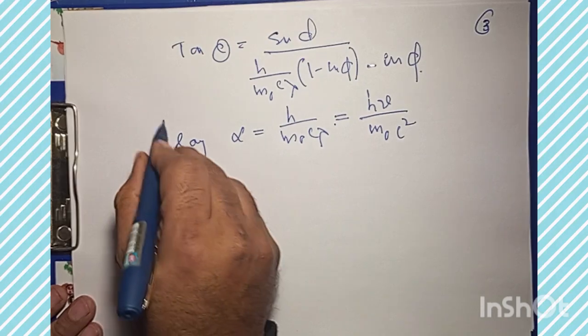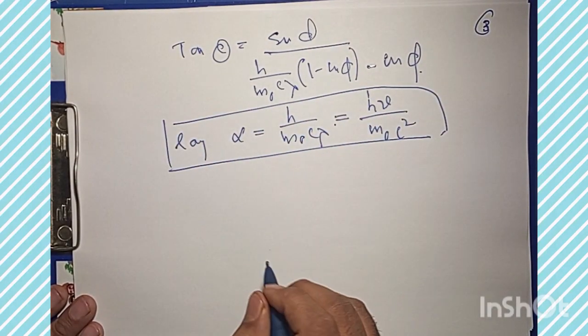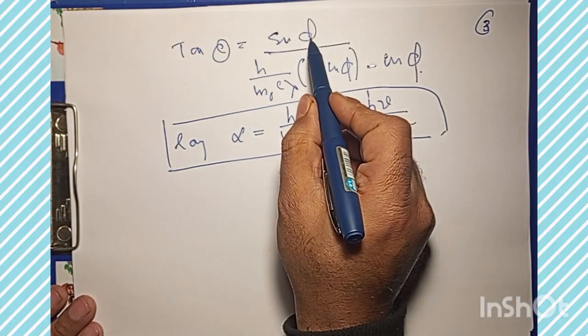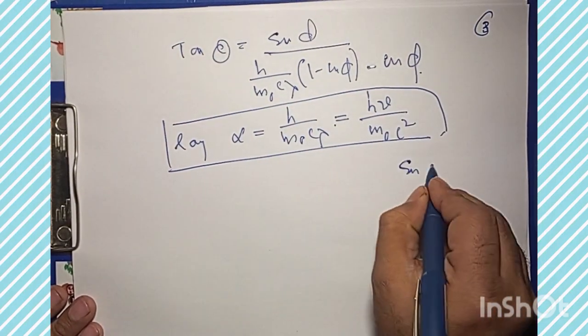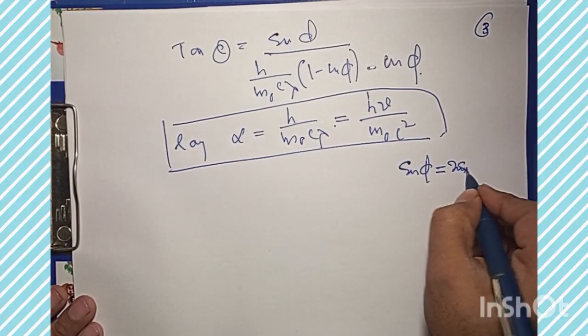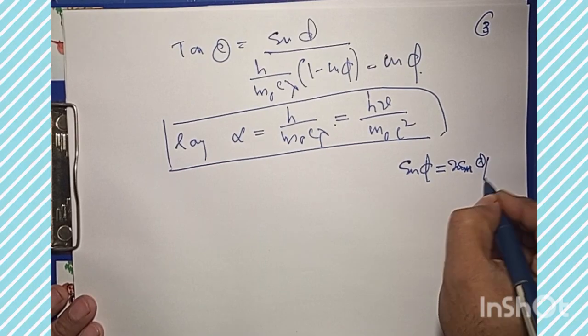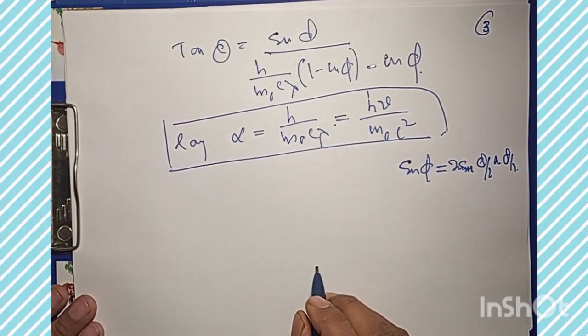So this is my alpha, which I have chosen in the above equation, and I can use the half angle formula for this sine phi, and we know that sine phi is twice sine phi by 2 cos phi by 2. So we can do that.